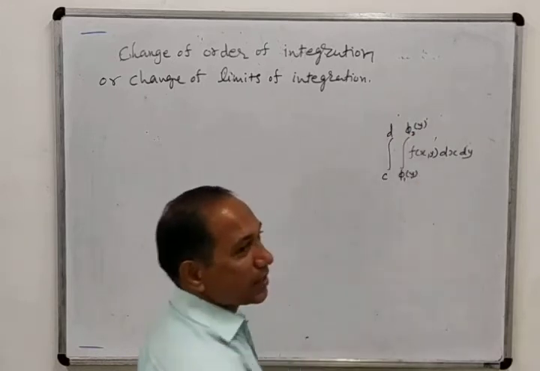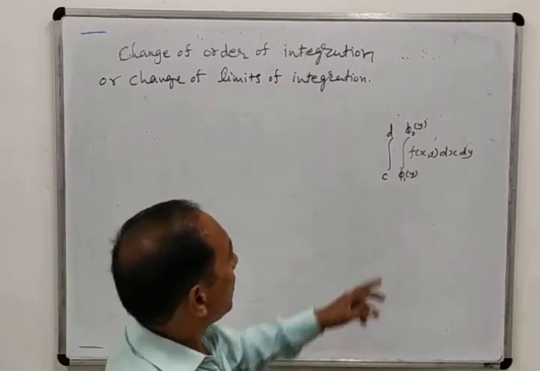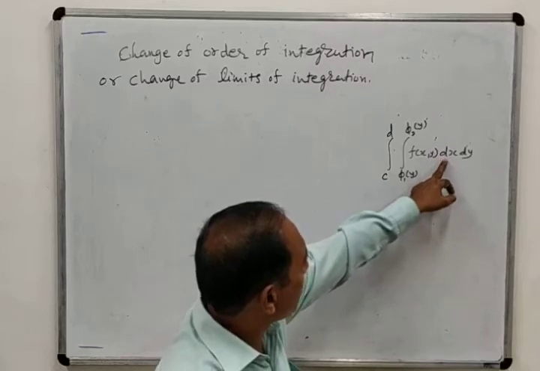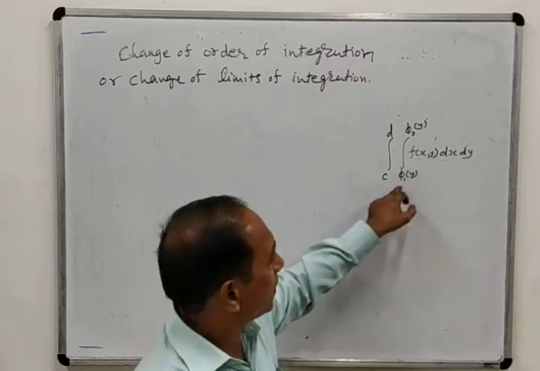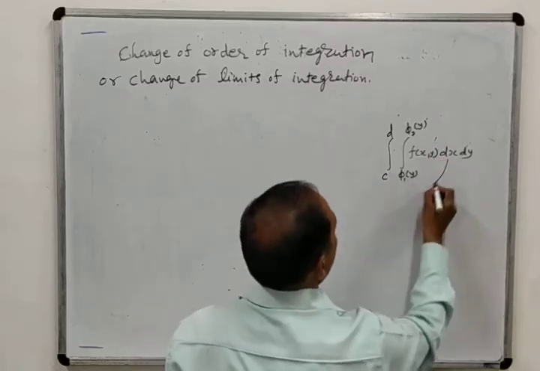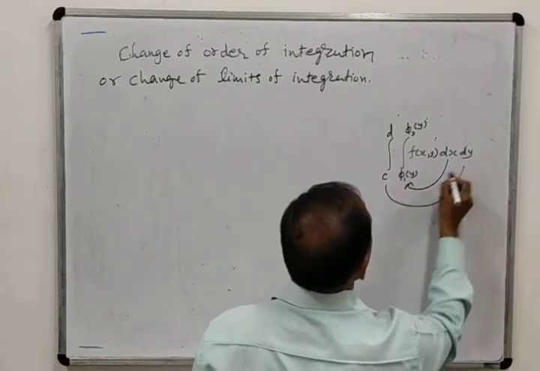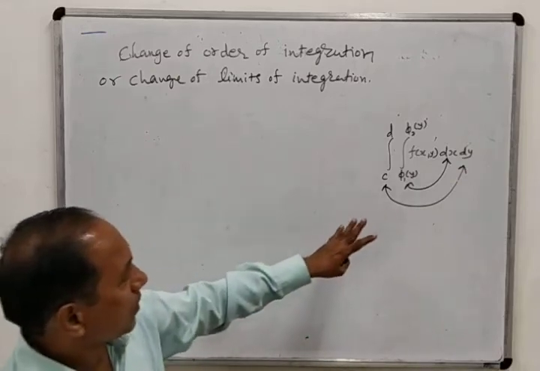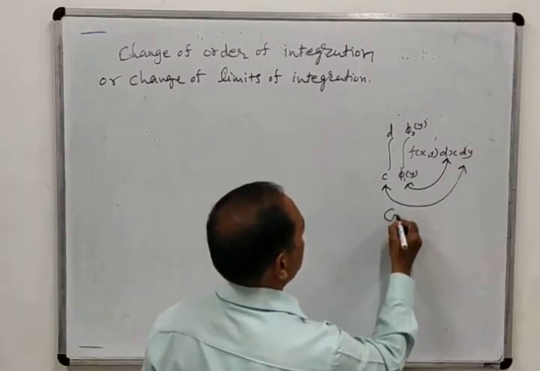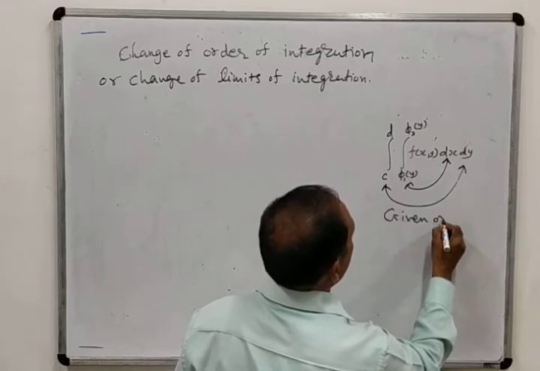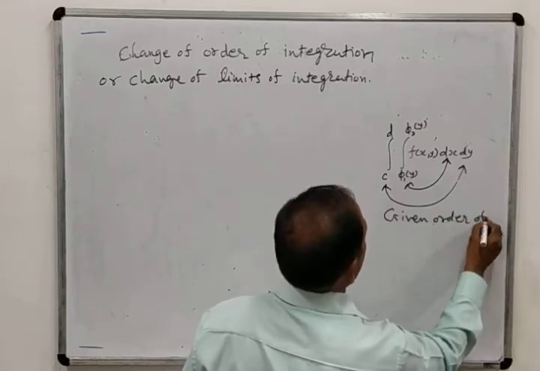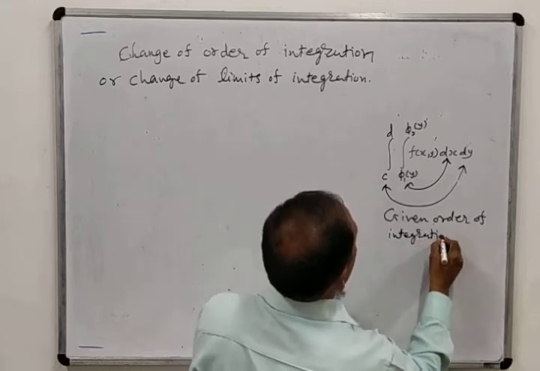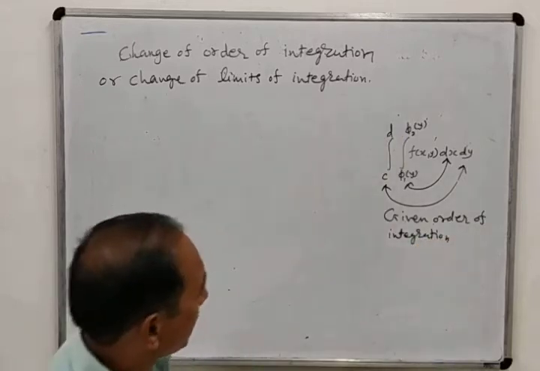The basic concept is that in the given example the order of integration is that first we integrate with respect to x, and secondly with respect to y. This is the given order of integration, or given limits of integration.